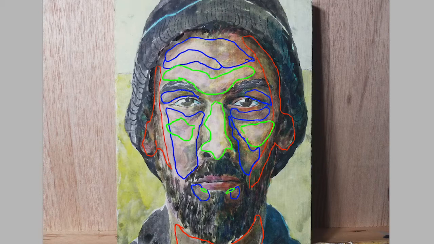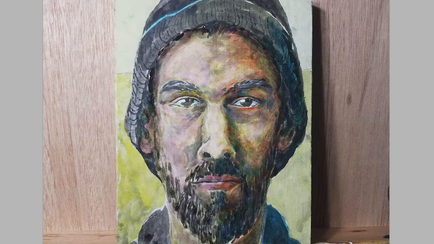Okay, so this gives me a good game plan. I'm going to mix 3 sets of colors like we talked about. And the last thing I want to consider is, are there areas of the portrait that I want to leave alone? That I like the way that it looks, and I like the underpainting, and I don't really want to cover it up. So I find that there are a few areas like this.